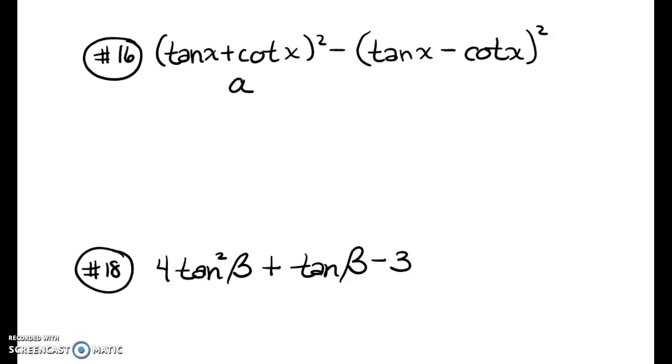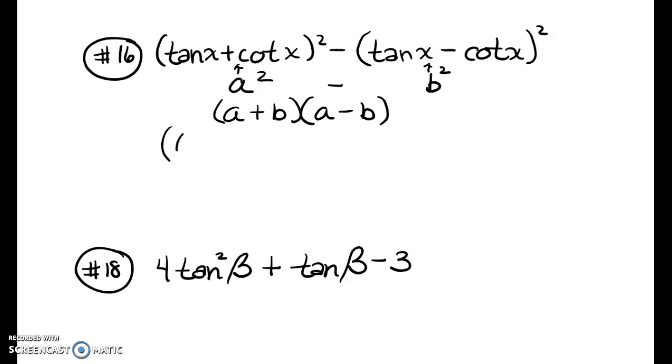If A is tangent x plus cotangent x, and B is tangent x minus cotangent of x, I know that a squared minus b squared simplifies into a plus b and a minus b when I factor it. So if A is this expression and B is that expression, I'm just going to go ahead and substitute those expressions in.